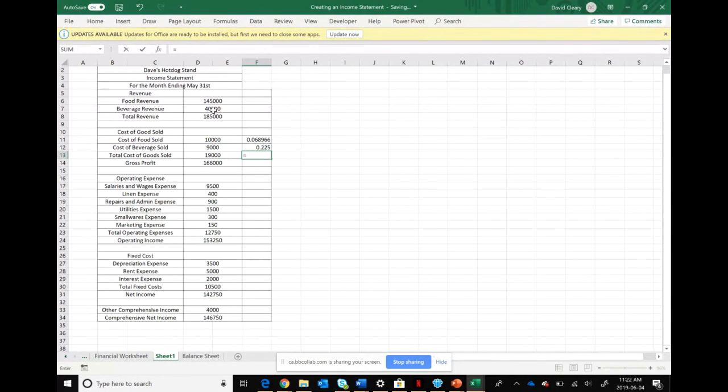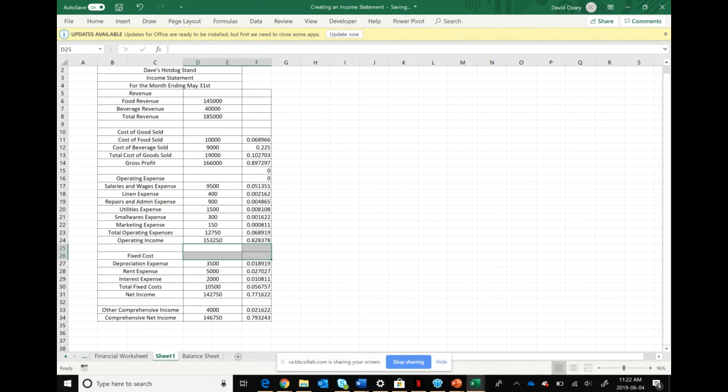And everything else under your beverage cost is calculated by dividing by total sales. If you keep that all the same when putting in these equations, you can click and drag all the way down, and that's always handy.